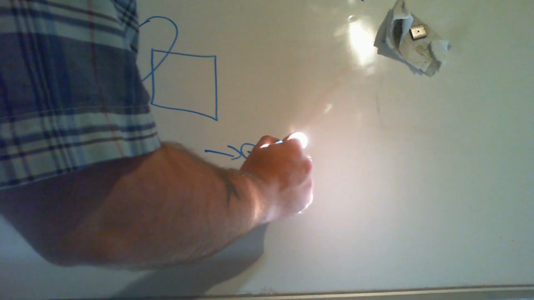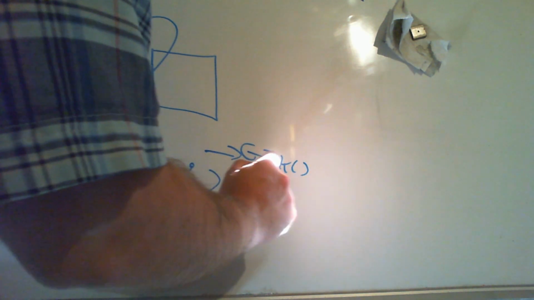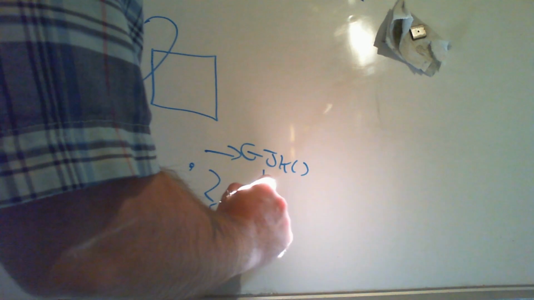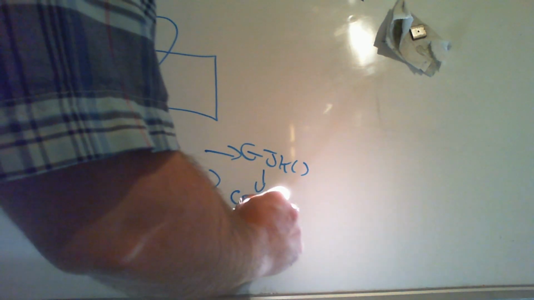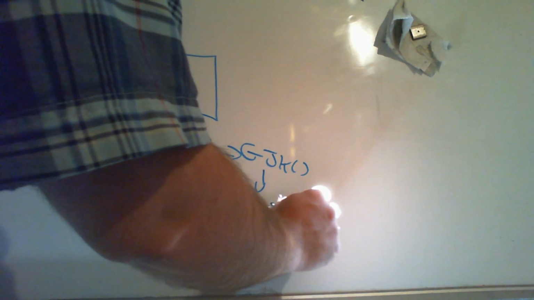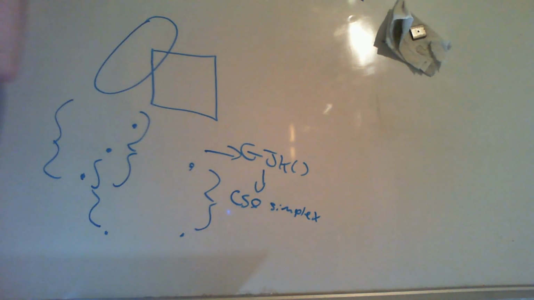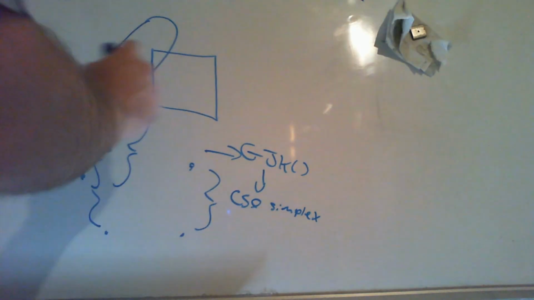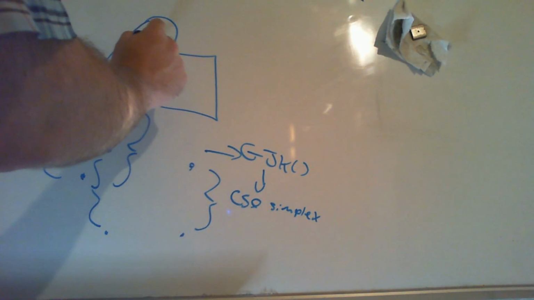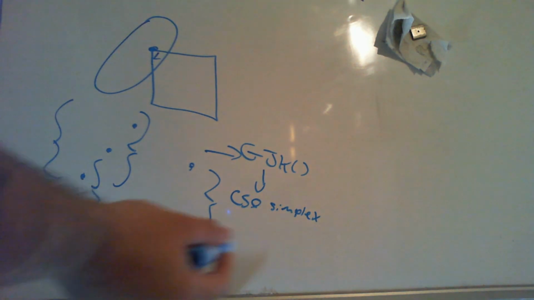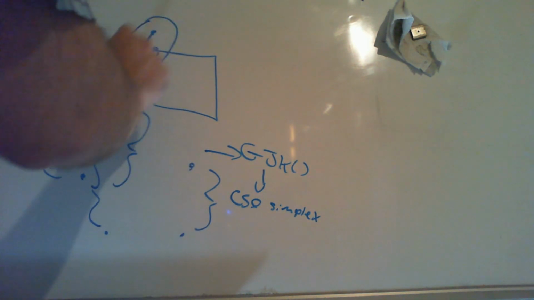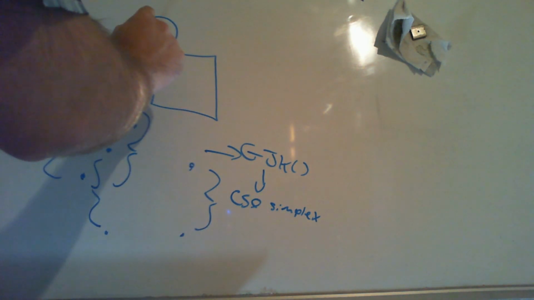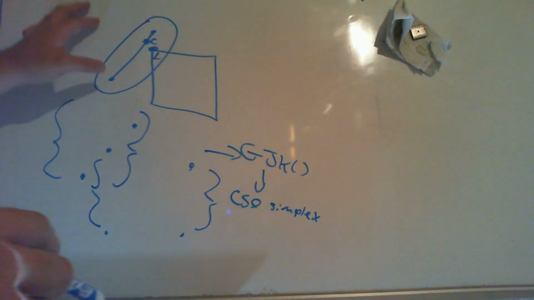And from GJK, we're going to get back that CSO simplex. And then this all really boils down to getting the closest point on the hull, and getting the closest point on the segment.